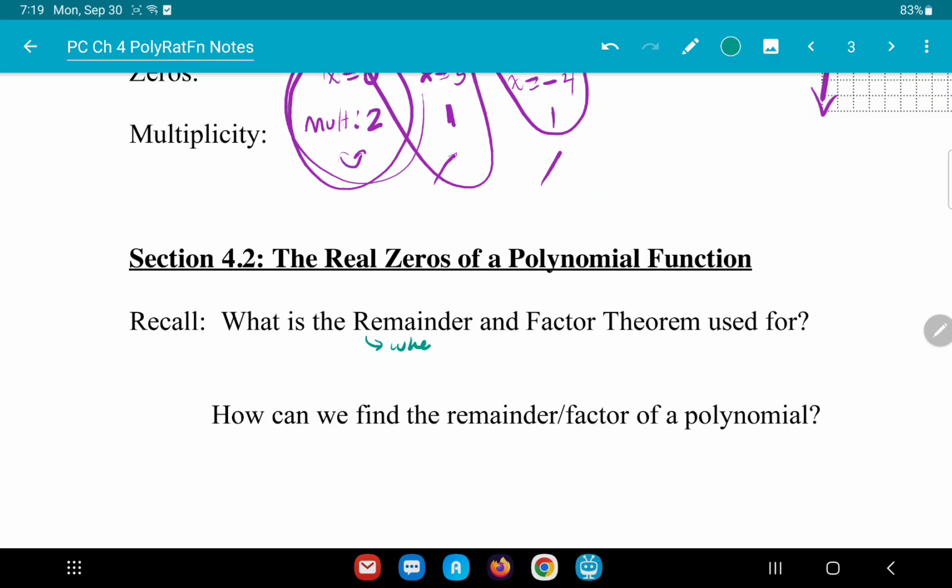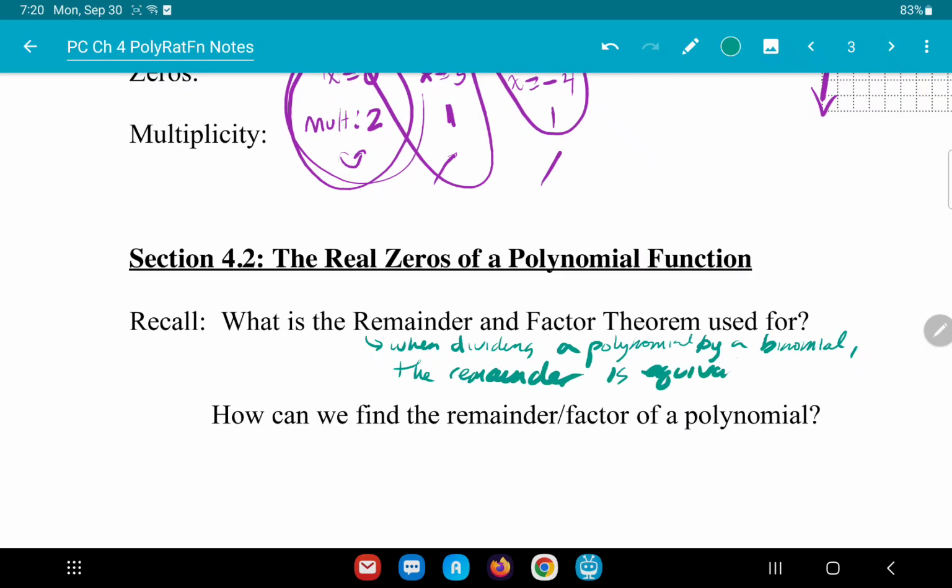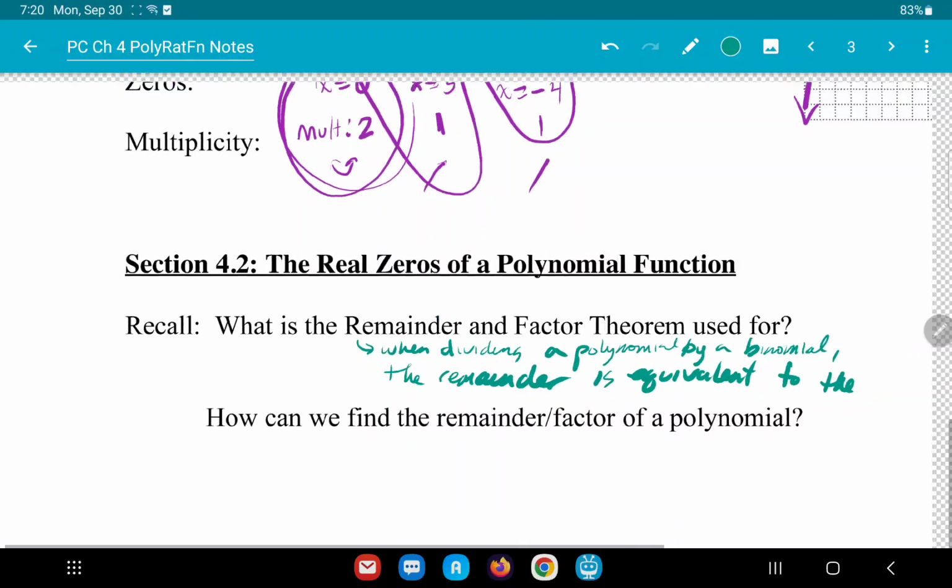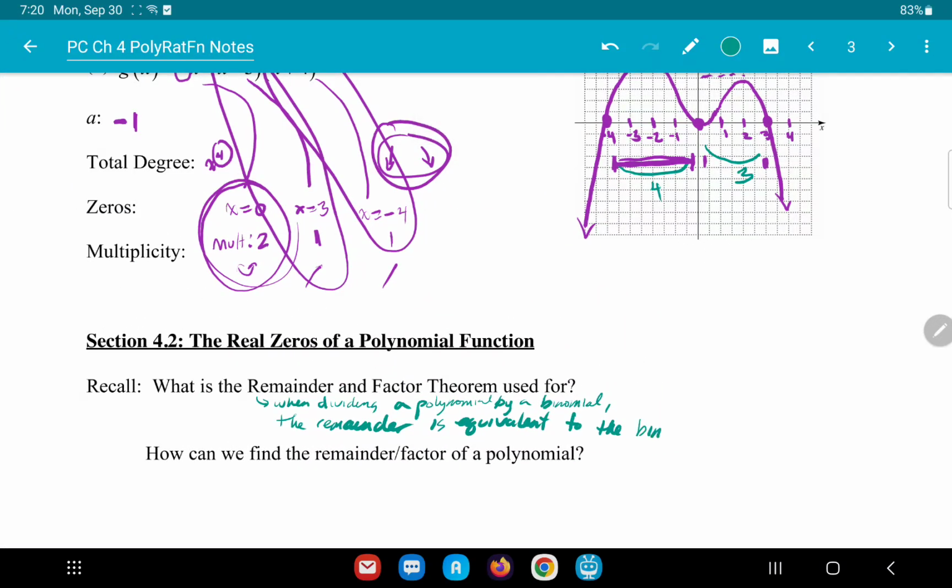When dividing a polynomial by a binomial, basically what we find is that the remainder is equivalent to the binomial's evaluated value, like that.